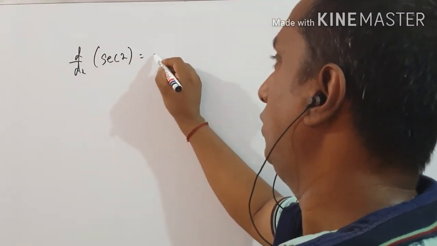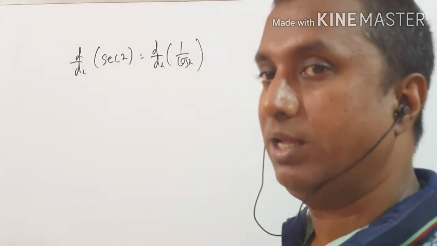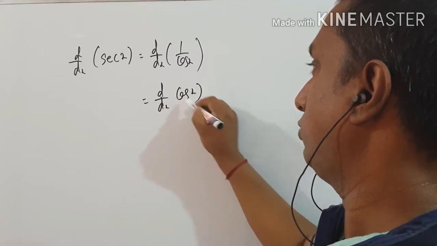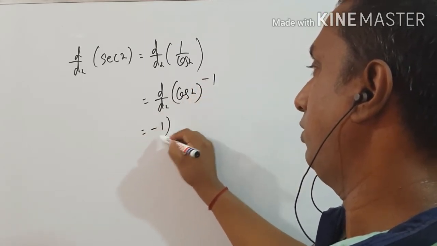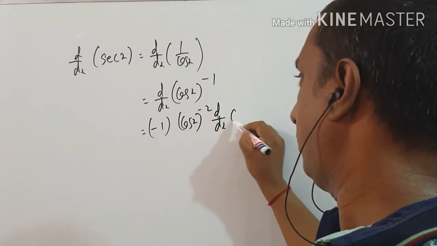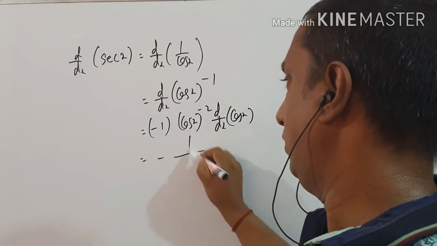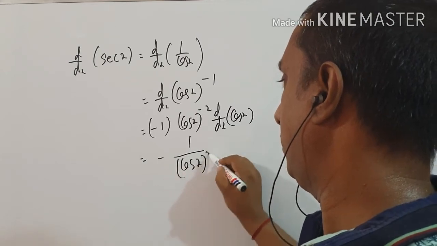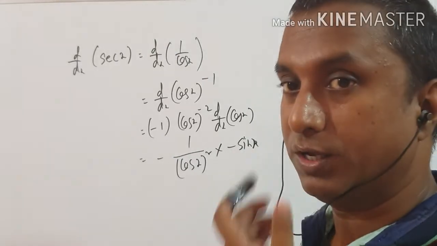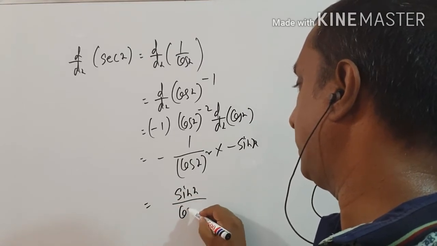Sec x, we can write it as d/dx of 1 by cos x. Now let us write that as d/dx of cos x to the power minus 1. Chain rule must be applied, so d/dx of cos x. Now minus, we can write 1 by cos square x into the derivative of cos x, which is minus sin x. So minus becomes plus, giving sin x by cos square x.